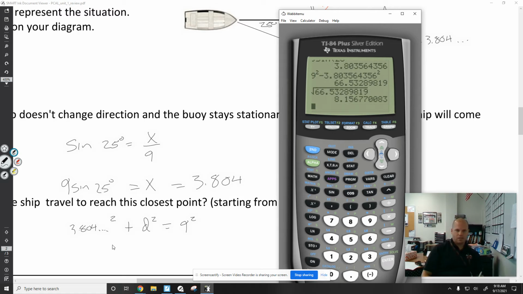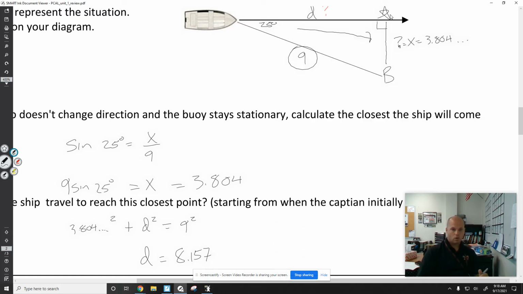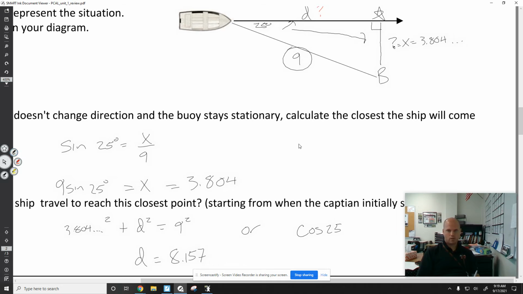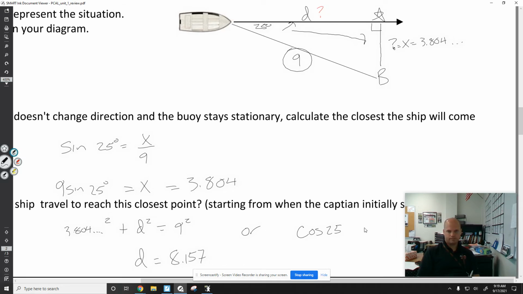So I get d one way using the Pythagorean theorem and my other found side length, 1.5677. So I'll write it as 1.57. Or you could say, oh, d is the adjacent side, 9 is the hypotenuse. Cosine 25 equals d over 9.